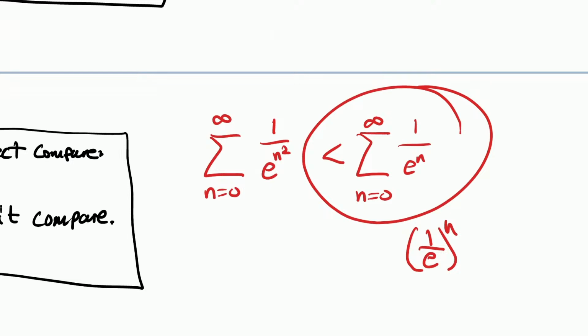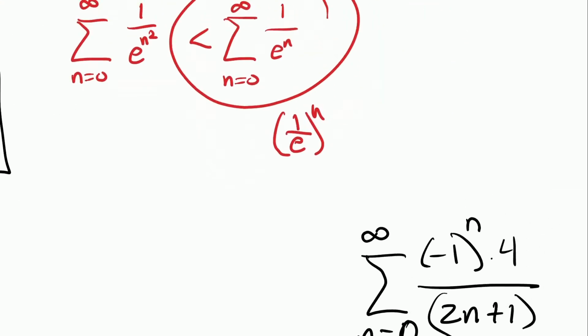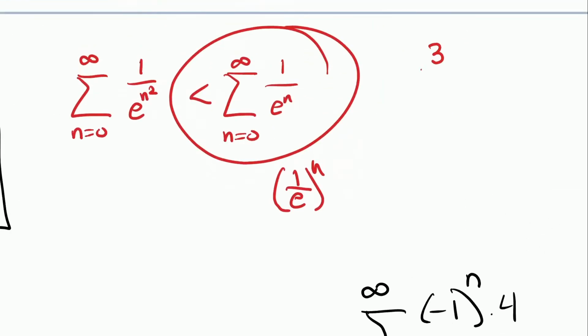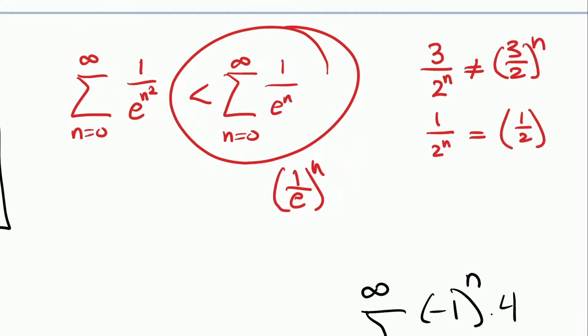Oh, maybe this is confusing. Okay, here, let's jot this down real quick. 3 over 2 to the n is not equal to 3 over 2 to the n. But 1 over 2 to the n is equal to 1 over 2 to the n.